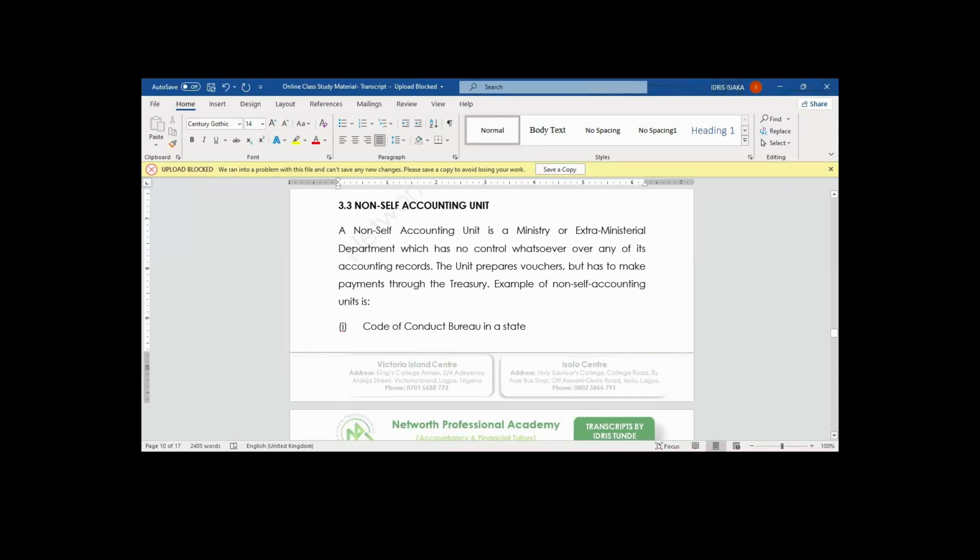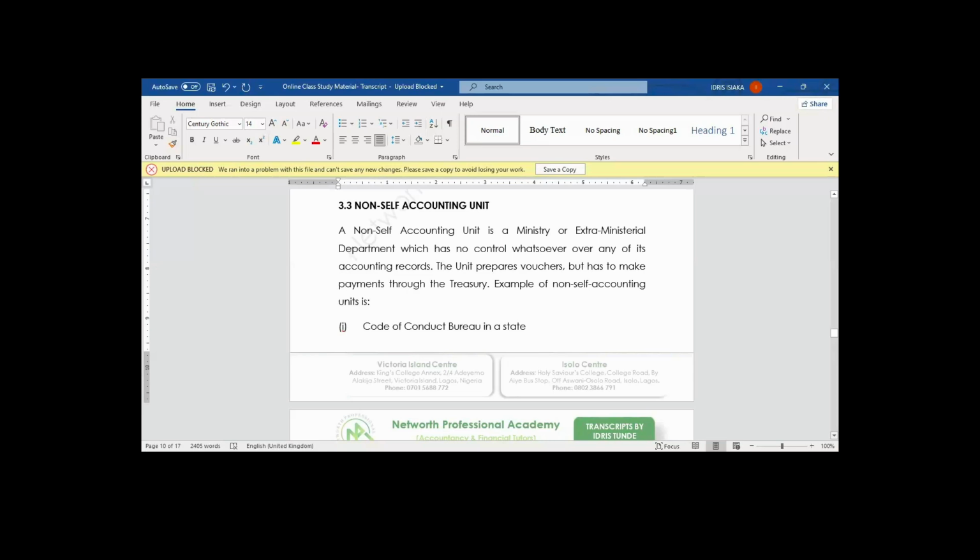They don't have internal audit units. They don't prepare audited financial statements. If they want to make any payment, it is the head office that will make payment for them. If they want to generate any revenue, all the revenue will go to the head office. They will pay into the account of the head office.